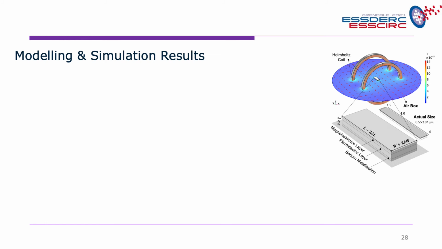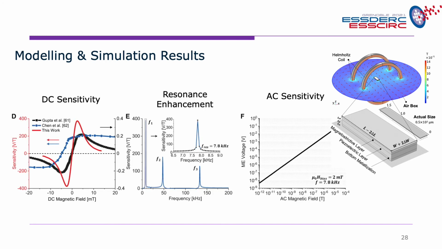In this work, as you can see here, the sensor was placed inside a Helmholtz coil for magnetization, as well as for cancelling the noise, and we could achieve DC sensitivity with the resonance enhancement, as you can see here in the three frequencies F1, F2, and F3 that are required for magnetomyography applications.